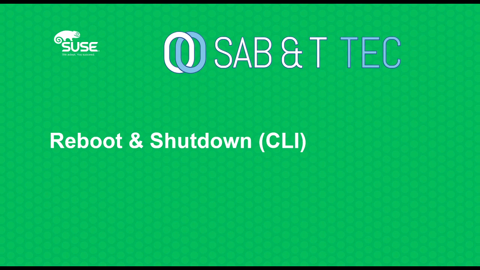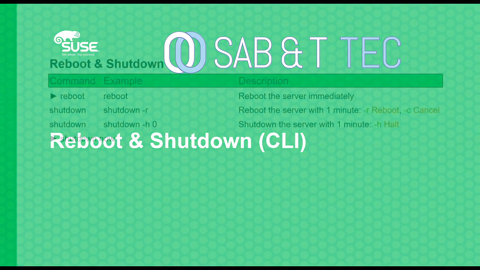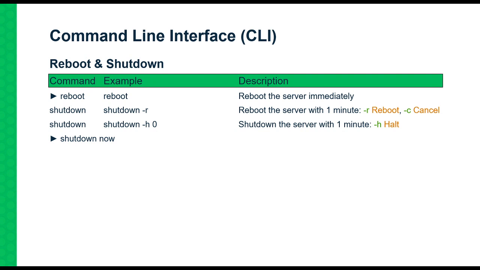Our next topic is how to reboot and shut down our server from the command line. So our first command is the reboot command, and that's quite easy. All we do is we just type in reboot, and that will reboot our server immediately. But we can also reboot using the shutdown command.